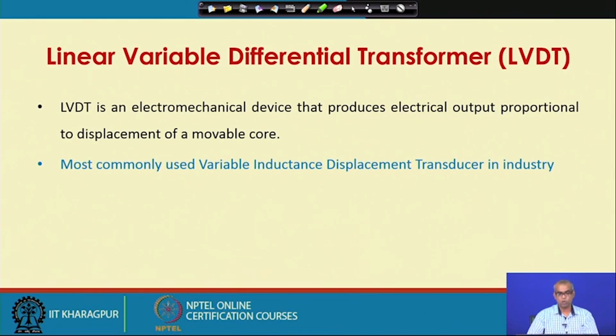LVDT is the most commonly used variable inductance displacement transducer in industry. So, this is a variable inductance type transducer and this is also a displacement measuring transducer.